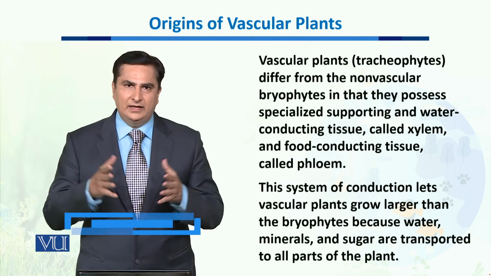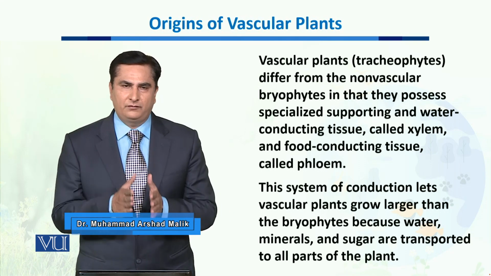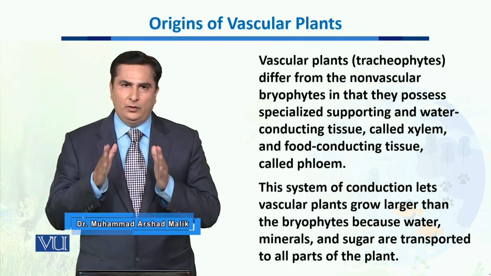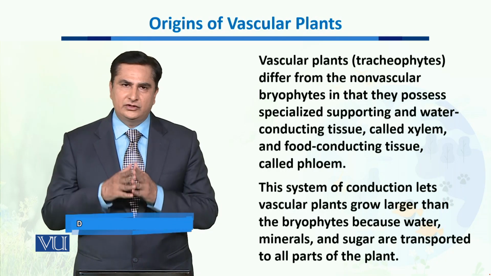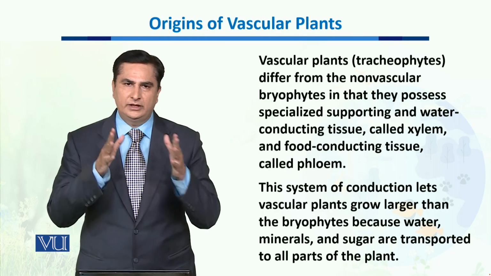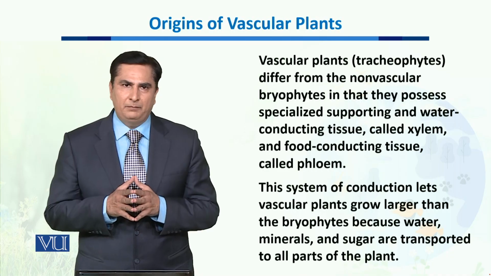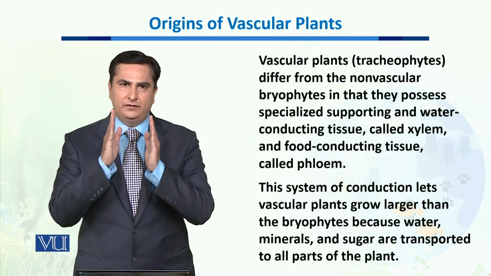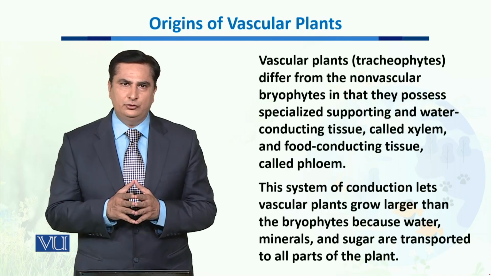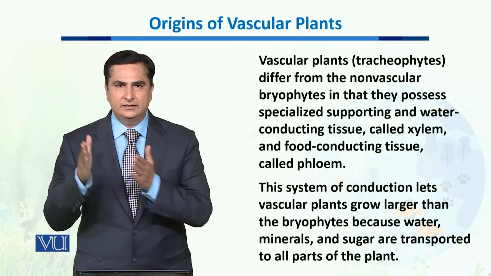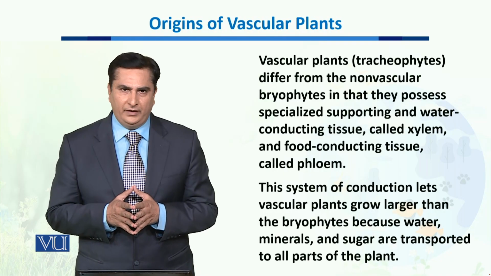Those vascular tissues which transport water from roots to the other parts of plants are known as xylem, while the one which transports nutrients from the leaves or upper part of the plants to the other parts of plants is known as phloem. So the presence of these two vascular tissues makes them different from non-vascular plants such as bryophytes.